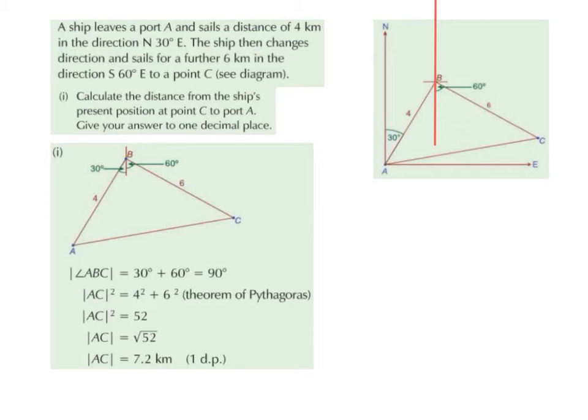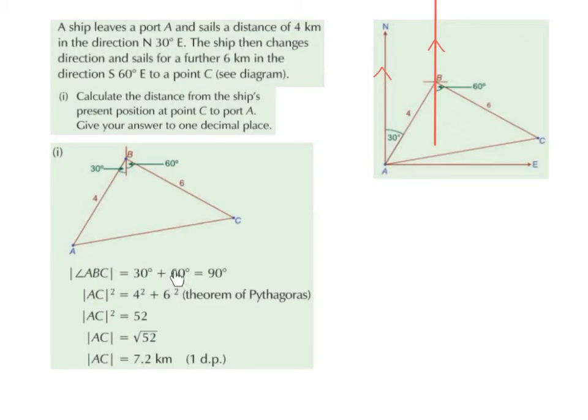So here's our north line, and here's another north line, and they're parallel. And the line AB is technically a transversal cutting through the parallel lines, and we know that alternate angles are equal, so if this is 30 degrees, then this angle must also be 30 degrees.